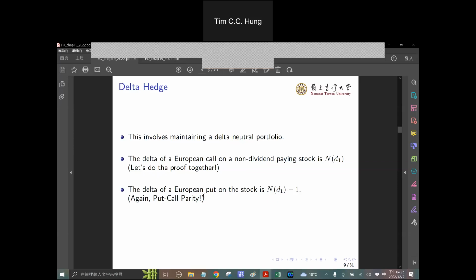The last step. So d1 sigma square root t. Does this thing remind you of anything? d1 times sigma square root t. It's basically the thing on the numerator, right?